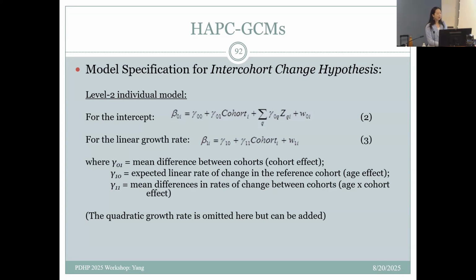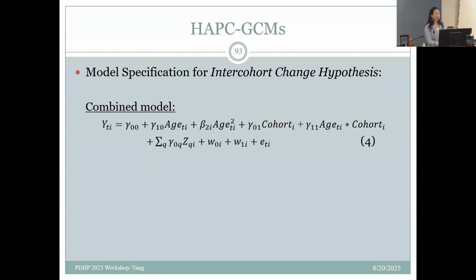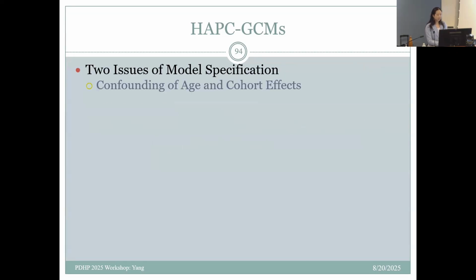You could do the same for the quadratic growth rate, which I omitted here, but it can theoretically be added. Then you come up with this combined model, where the first part is the fixed effects of the individual and within-individual level covariates, and the second part is the random effects part. In this case, we're less interested in the random variance, and more interested in the fixed effects estimates.